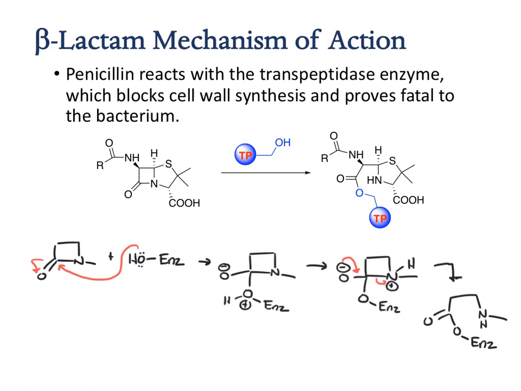And now what you can see is this transpeptidase enzyme is covalently bonded to the penicillin. That shuts down the enzyme, and the bacterial cell walls can no longer be synthesized.